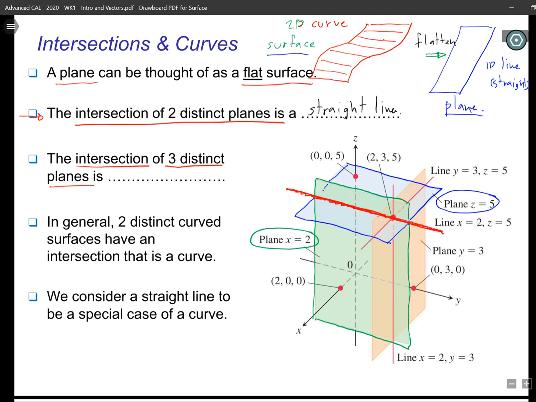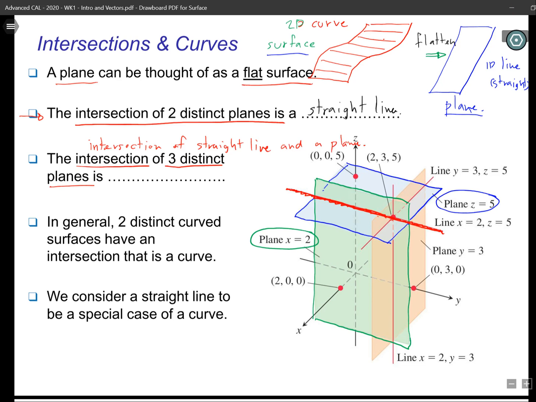So in the end, this one is going to be the same as the intersection of a straight line, which is the result of the intersection of two planes, and a plane, a line and a plane.